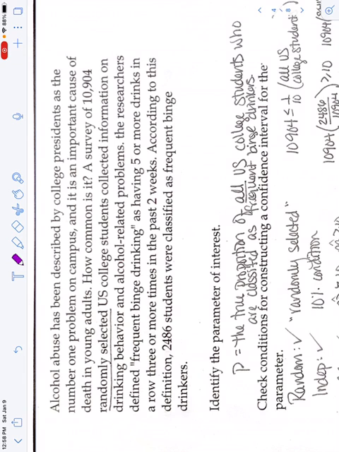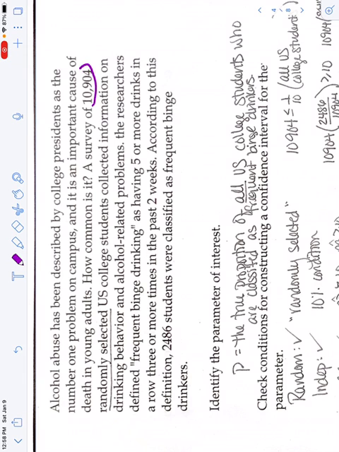The researchers defined frequent binge drinking as having 5 or more drinks in a row for 3 or more times in the past 2 weeks. According to this definition, 2,486 students were classified as binge drinkers.